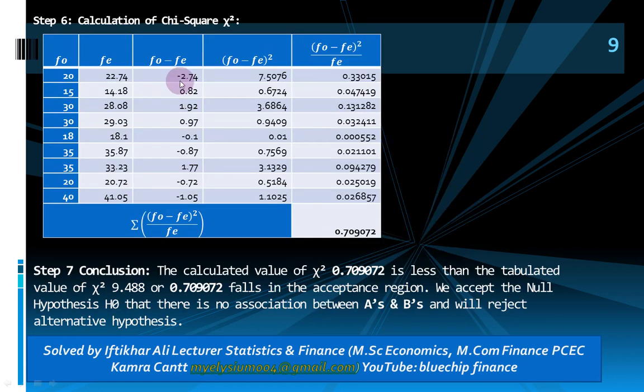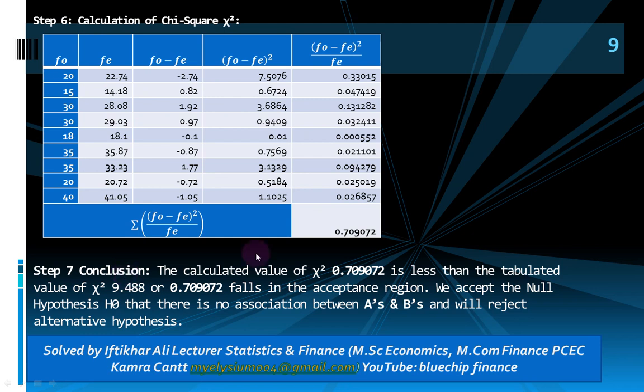And we first of all subtract these two values, FO minus FE. After that we take the square of these values, and after that we divide each square by the respective FE and take the sum, and that is 0.709072. And the last step is to conclude our result.